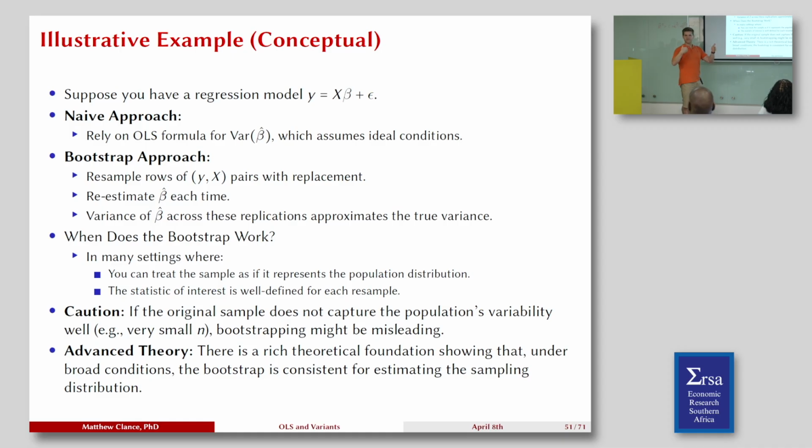It's not defined in the same way. It's not got the same amount of range or variability. That would be a problem for us, and then we can get misleading outcomes.